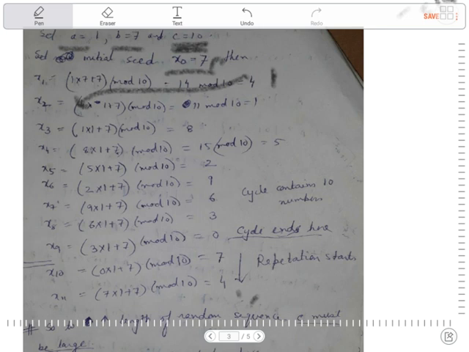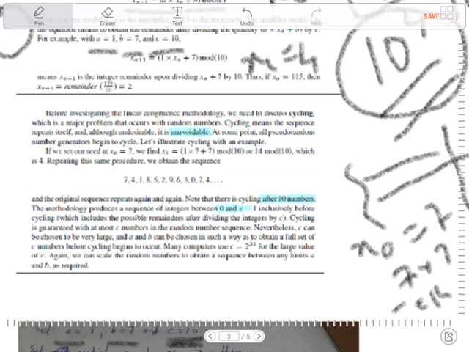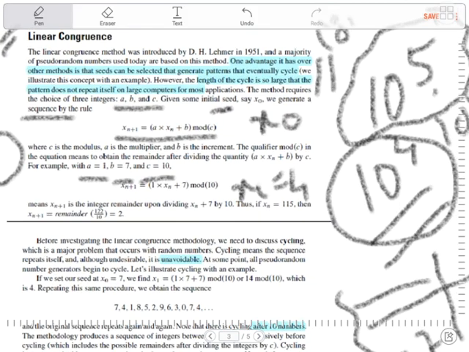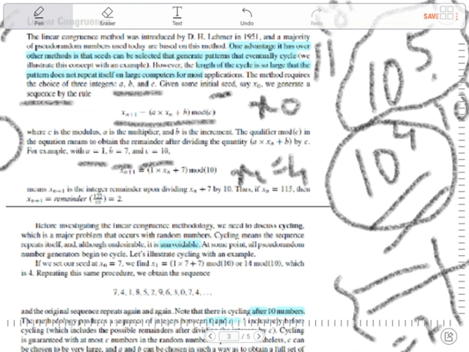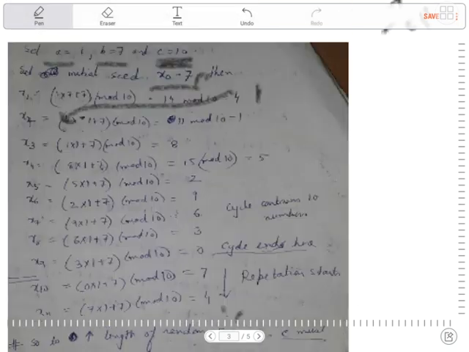In this method particularly, the way of construction says that once we get repetitions in the linear congruence method, according to the formula we are using, that gives the idea that as we are generating the remainders when divided by C, when we get something which is repeated, the cycle is once crossed and we are again repeating the cycle. So here x10 is 7, but 7 is already obtained as a remainder before.